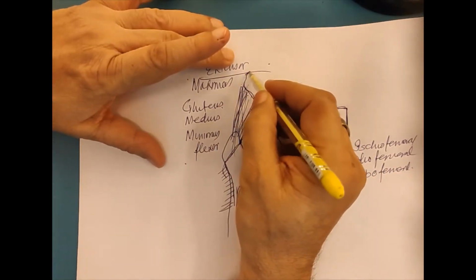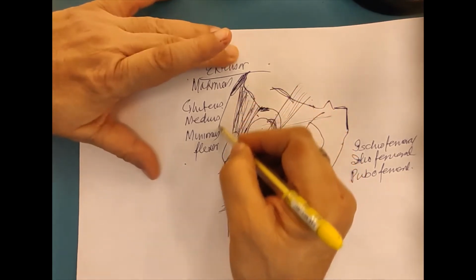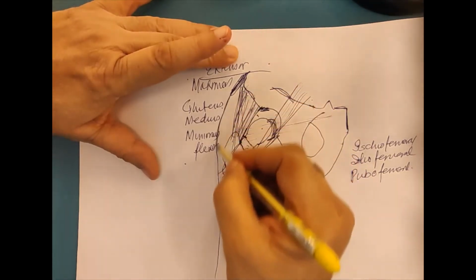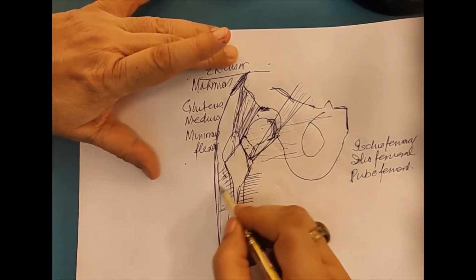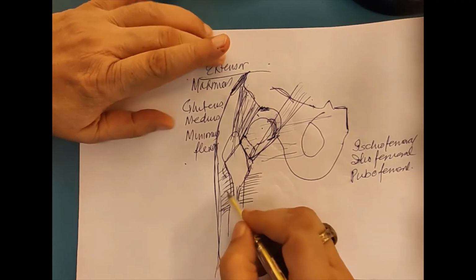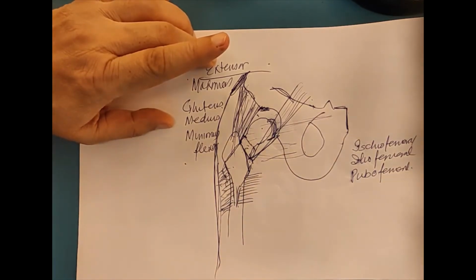Now from the iliac tuberosity arises the tensor fasciae lata, and this tensor fasciae lata converts into an iliotibial band which goes and gets inserted into the head of the fibula, and the iliotibial band is connected to the linea aspera by the lateral intermuscular septum.